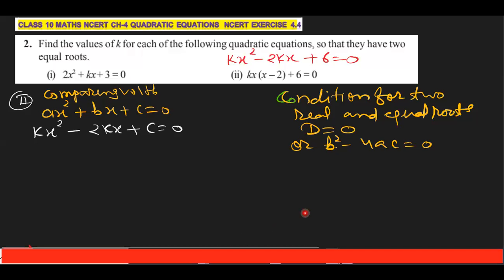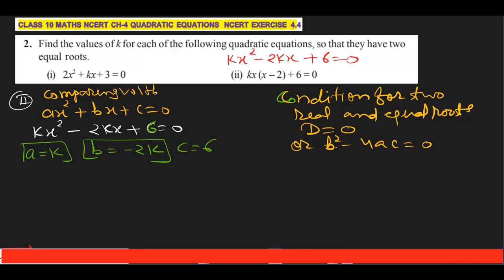We have a is equal to k, b is equal to minus 2k, and c is equal to 6.